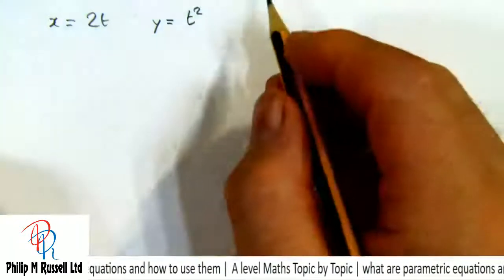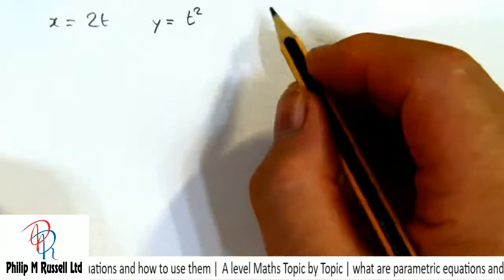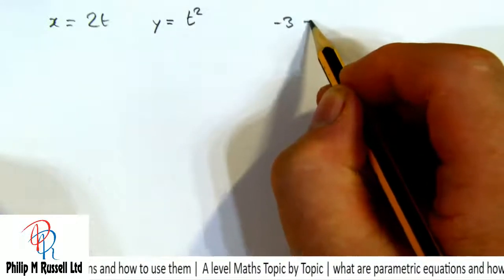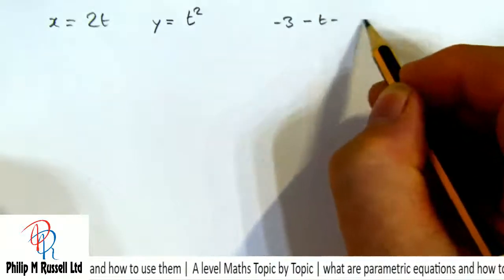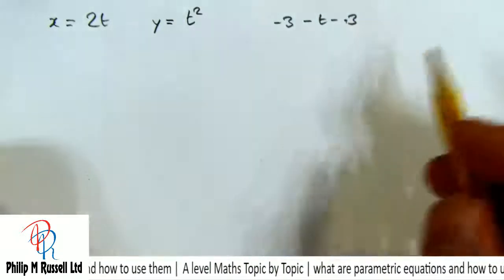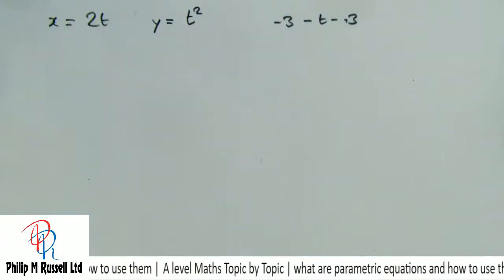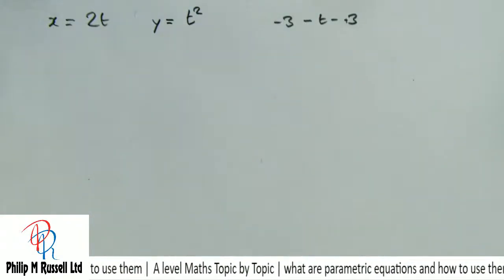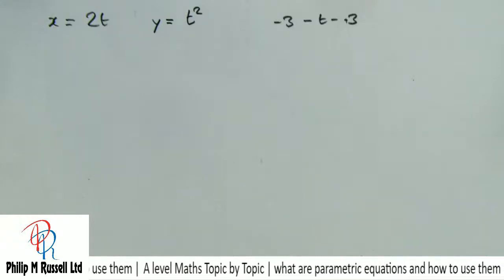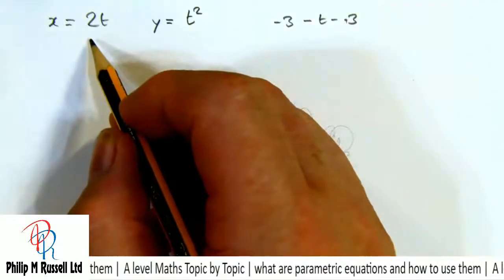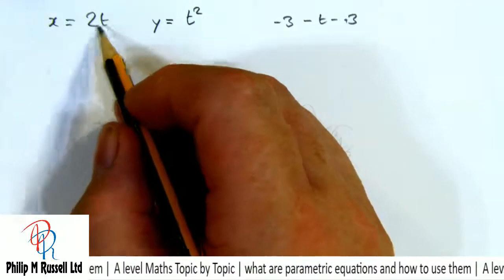We're going to look at this in the range from -3 to +3, and that is the value of t. And we're asked to perhaps find the Cartesian equation. So our first job is to try and get this in the form of t equals.